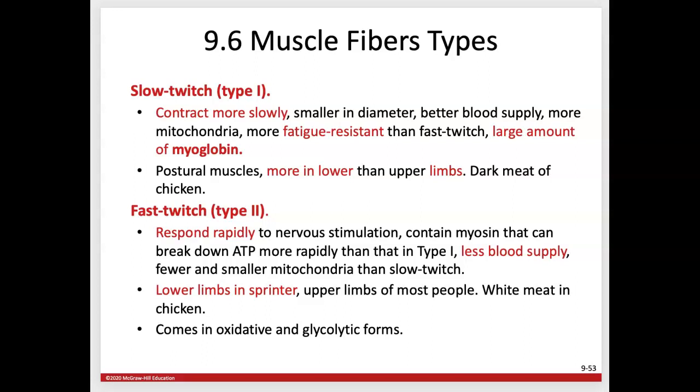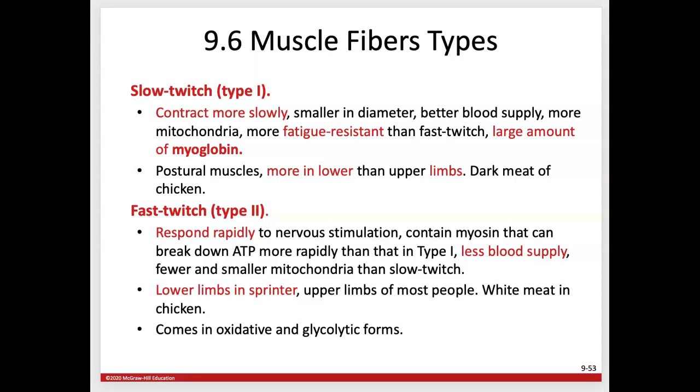All right. So these have large amounts of myoglobin, which make them darker. An example, if you're looking at any particular cut of meat, like chicken, it's dark meat chicken. The lighter, white meat in chicken is fast twitch or type 2 muscle fibers. These respond much more rapidly.